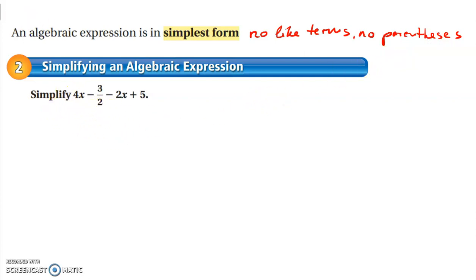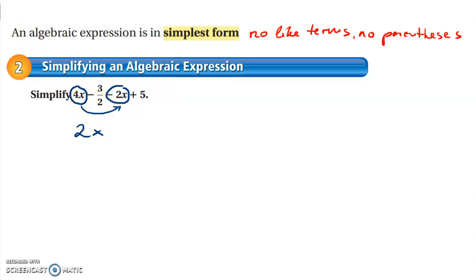So let's have a look at this expression here. Let's find the like terms. We've got 4x and negative 2x. Those are like terms. We can combine those. So I'm going to do 4x minus 2x leaves me with 2x.